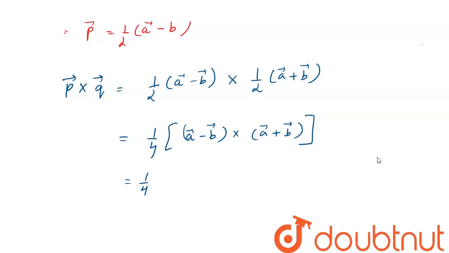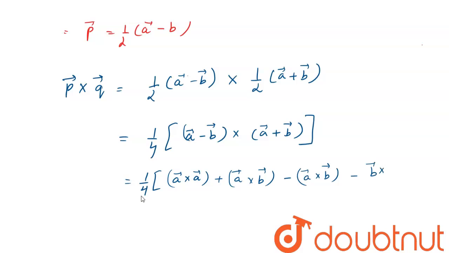and multiplying it, A vector cross A vector plus A vector cross B vector. Here we have minus A vector cross B vector, and here we have minus B vector cross B vector.